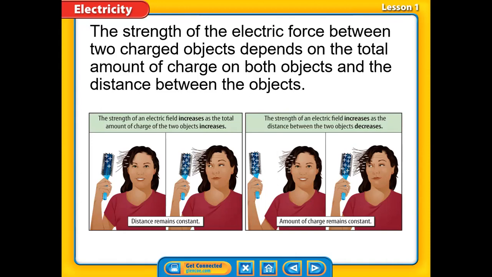So once the object becomes charged, it has an electric field, an area in which it could show some kind of force, which we call the electric force. This electric force could be repulsion or attraction based on the type of charge on the charged object. And this electric force depends on two factors, which are the amount of charge and the distance between the charged objects. So that's part two of our lesson today.